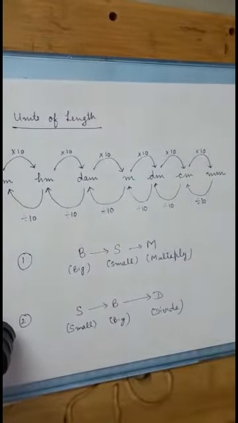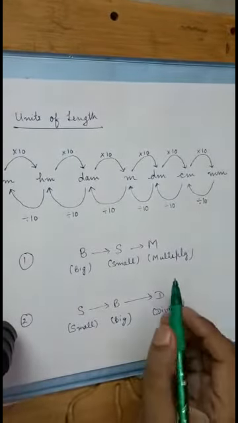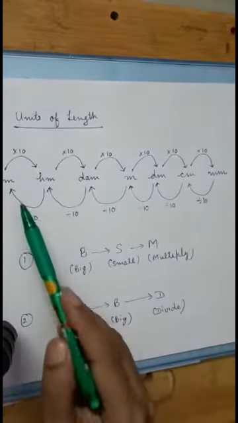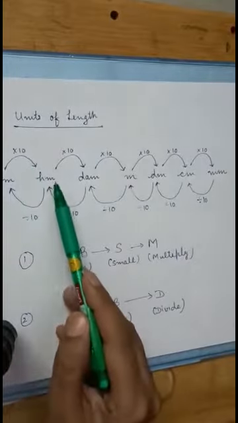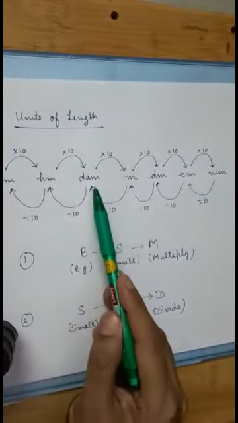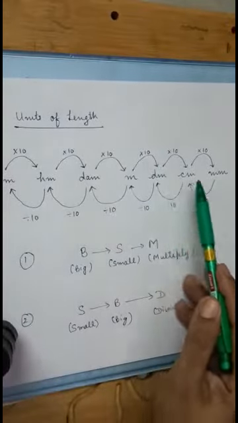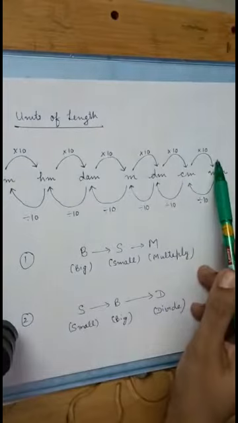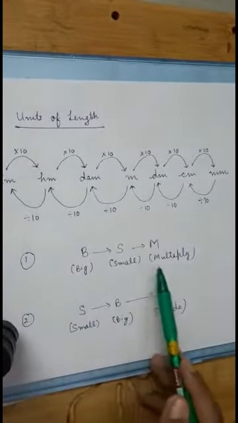That is why in the beginning of your chapter it was written that the metric system is based on multiples of 10. Now see here, kilometer to hectometer multiply by 10, hecto to deca multiply by 10, deca to meter multiply by 10, meter to deci multiply by 10, deci to centi multiply by 10, centi to milli multiply by 10. Okay, the first rule is clear, big to small multiply.